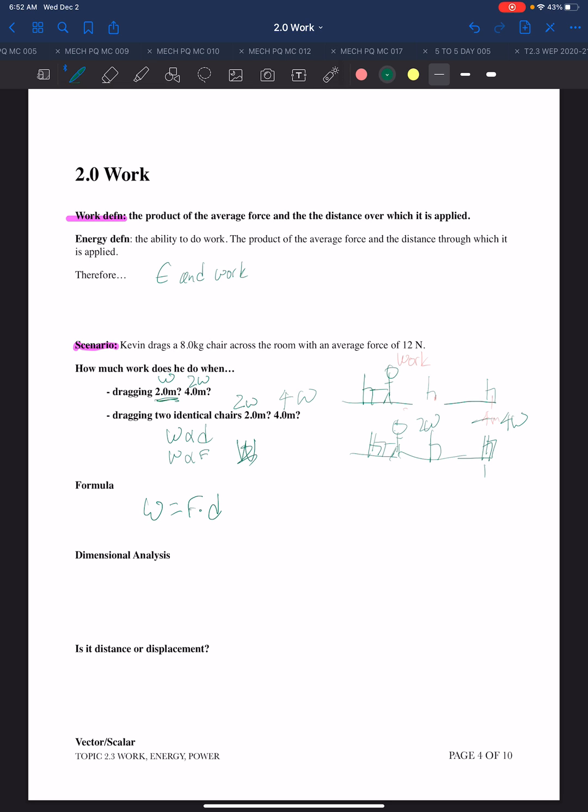So in some instances, we can certainly say that the work done by the subject would be equal to the energy expended.